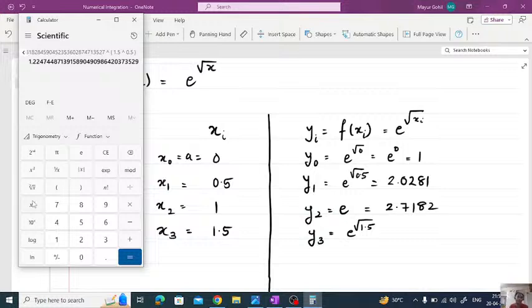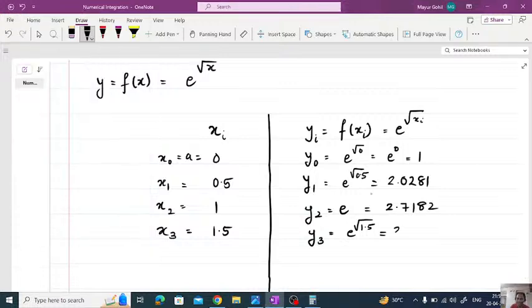No, see, it's giving me an incorrect answer. Oh, okay, here I have to do this one. Okay, I got it. 3.403. Okay, correct. So 3.4033. Go to 4 decimals. We will always take 4 decimals.